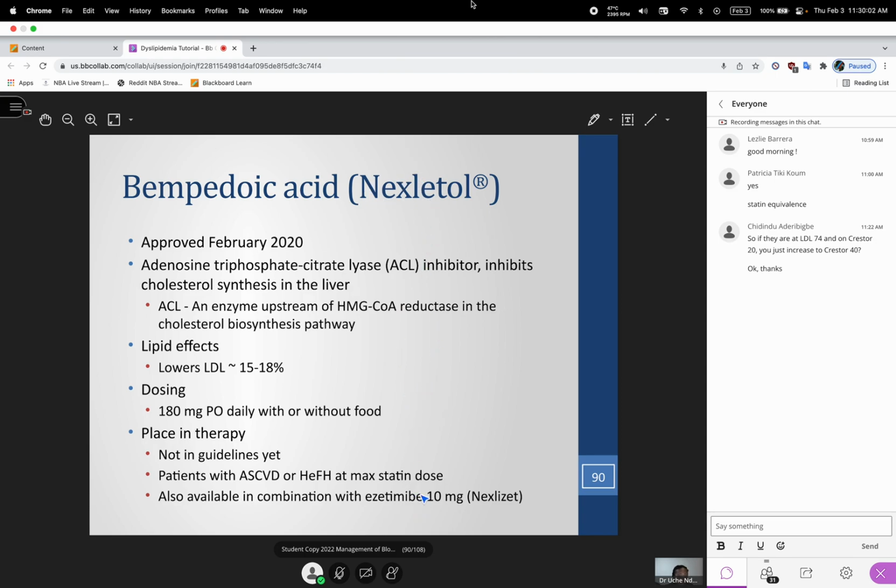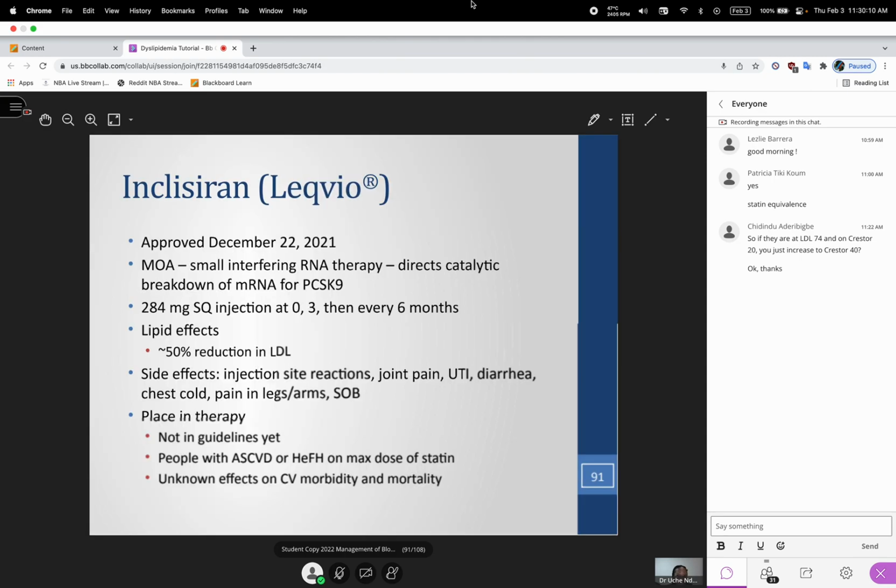I may ask you whether you should recommend this or not. The answer more than likely is going to be no, because we still don't know where these fall in the guidelines. And until then, we don't really want to be cowboys. We don't want to be mavericks. We want to go to the therapies that we know where they fit into the guidelines and into the treatment.